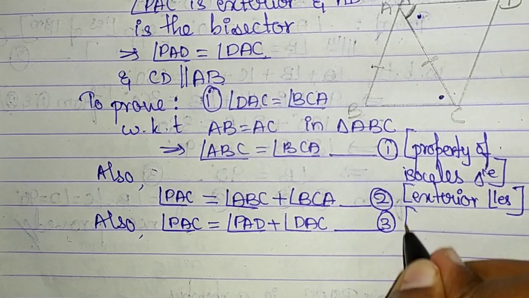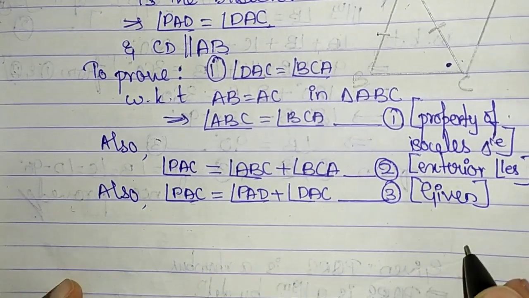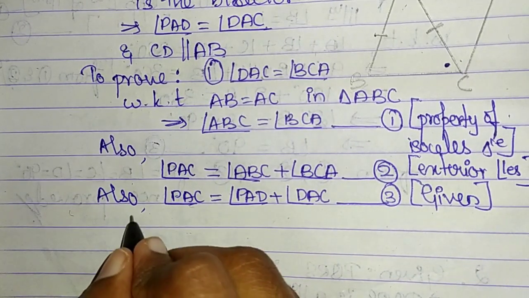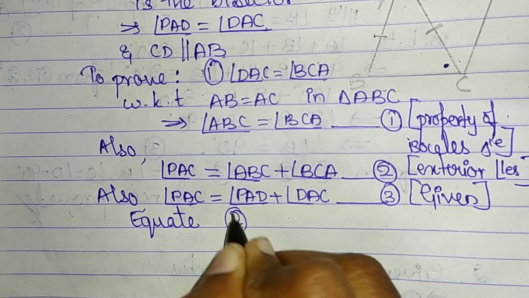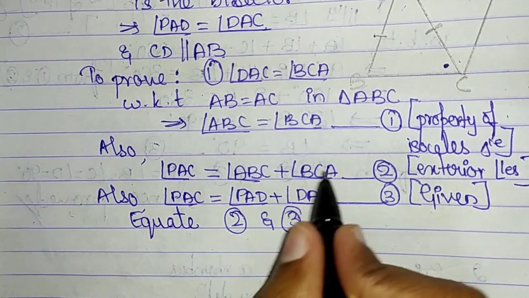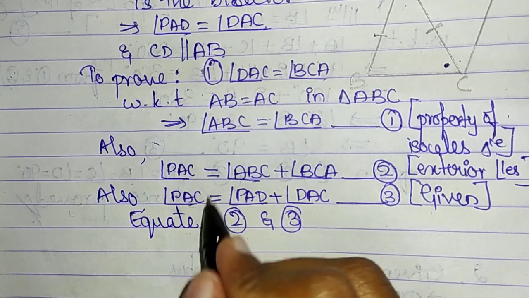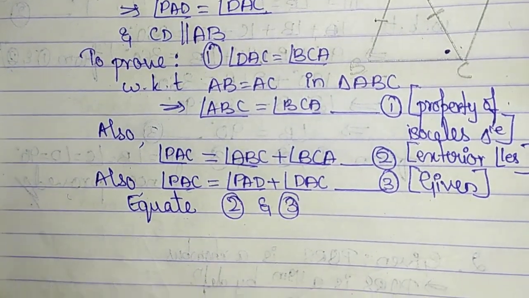So now from 2 and 3, equate equations 2 and 3. Since things are equal to the same thing, they are equal to one another. That is axiom 1.